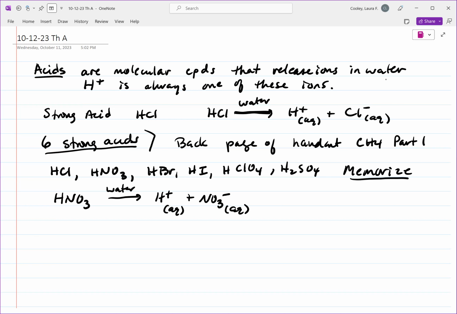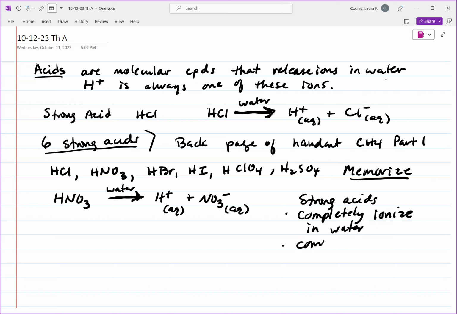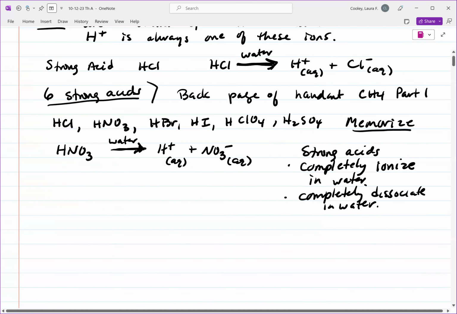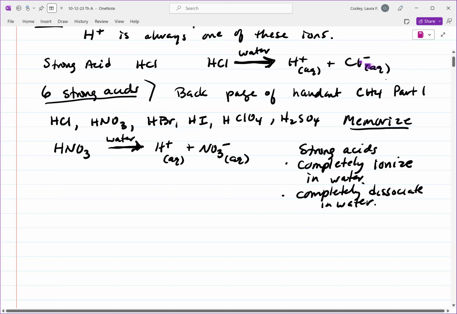They completely form these ions in water. So for the strong acids, we have different terminology for this. We say completely ionize, meaning form ions in water. But we also could say they completely dissociate in water.